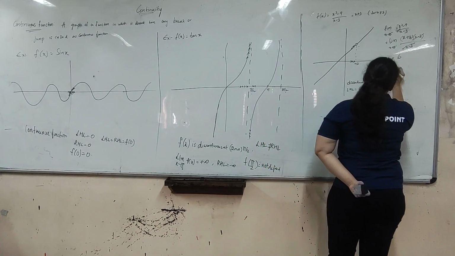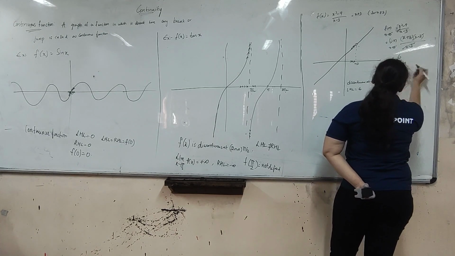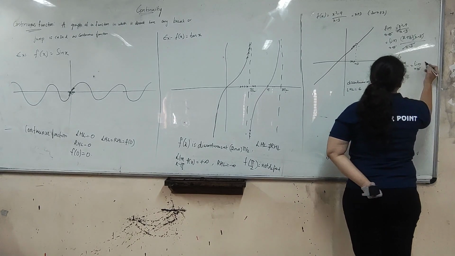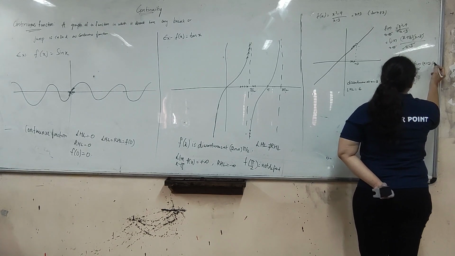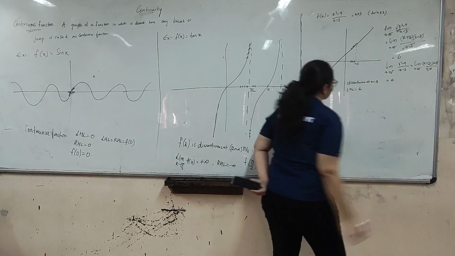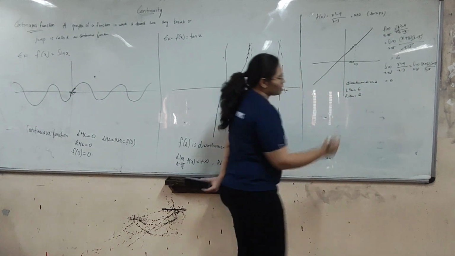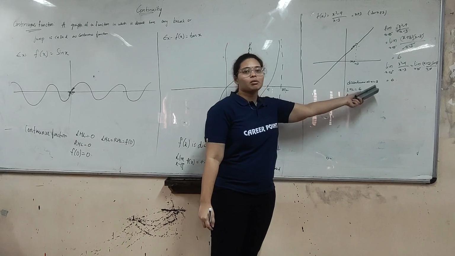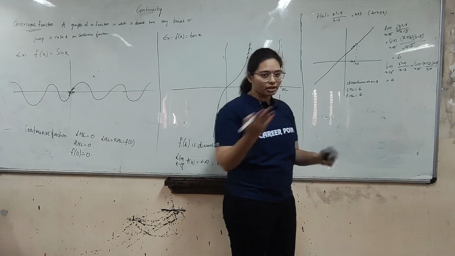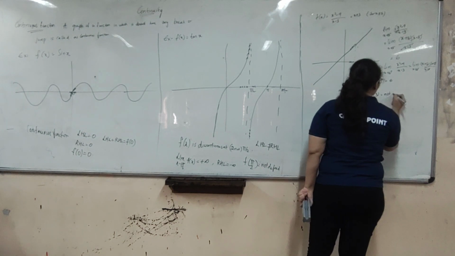In the same way RHL, limit as x tends to 3 plus, is also 6. So in this case, LHL equals RHL, but it is not equal to f of 3, because f of 3 is not defined.